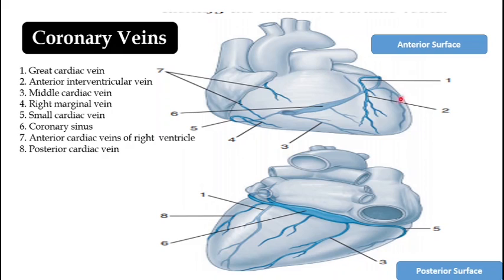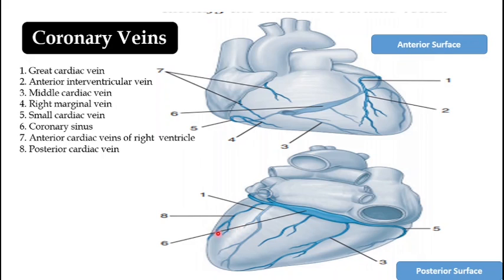This is the left side of the heart and this is the right side of the heart, and you can see the vein takes a turn to the left, and then it bends, and on the posterior surface of the heart you can see it becomes part of the coronary sinus. Also, if you look at the posterior surface of the heart, this is the middle cardiac vein, and you can see the middle cardiac vein is merging into the coronary sinus.